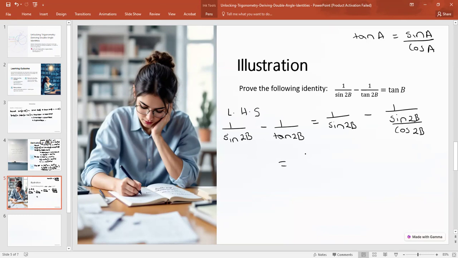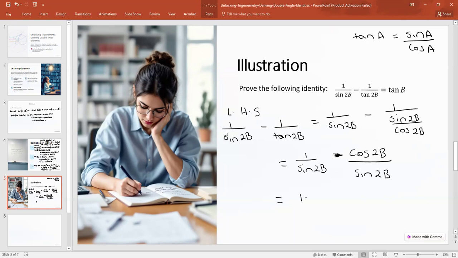We're now going to obtain 1 over sine 2b. Remember, the reciprocal of this expression becomes minus cos 2b divided by sine 2b. We have a common denominator.